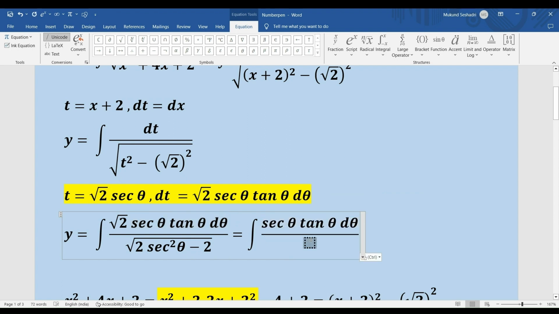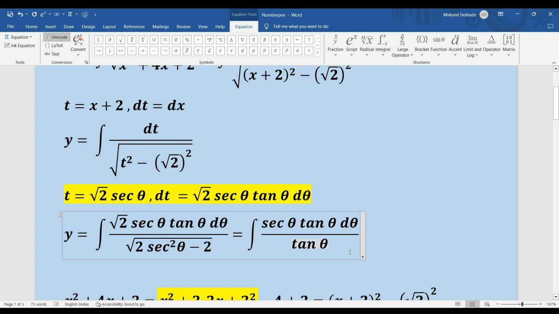And then I have the square root of secant square theta minus 1, which you folks are quite familiar with because secant square theta minus tan square theta equals 1, which means secant square theta minus 1 equals tan square theta, right? Which means I'm left with the square root of tan square theta, which means I will have tan theta, right?